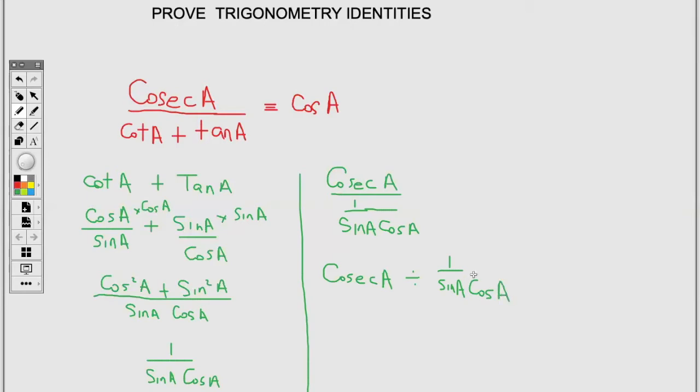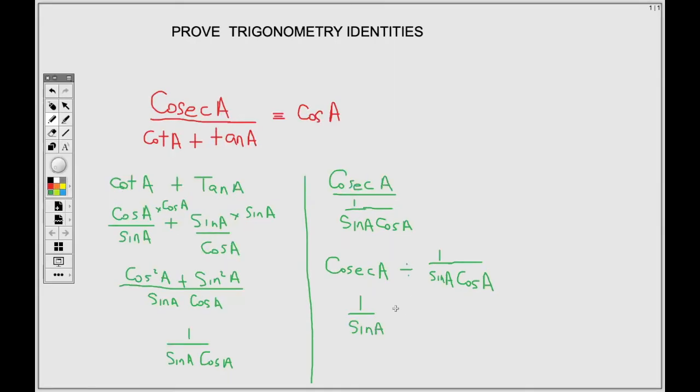Now cosec A is an identity, and I can rewrite cosec A as 1 over sine A. I'm changing that to multiplication, then reciprocate the fraction, so it becomes just sine A times cos A. And you could leave it like this or write it as over 1 because maybe you want to show that, okay, I flipped it.